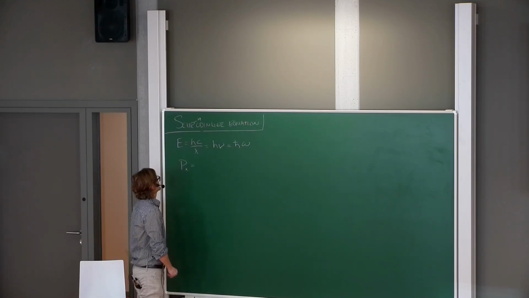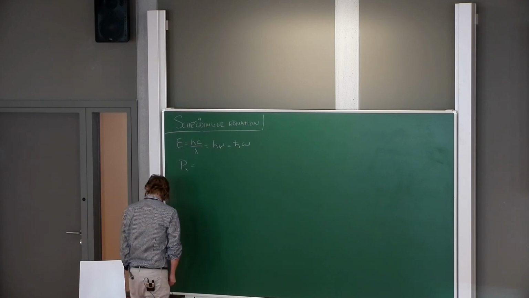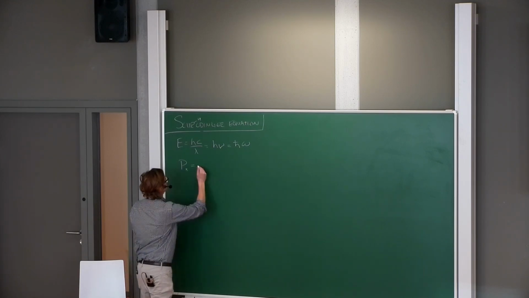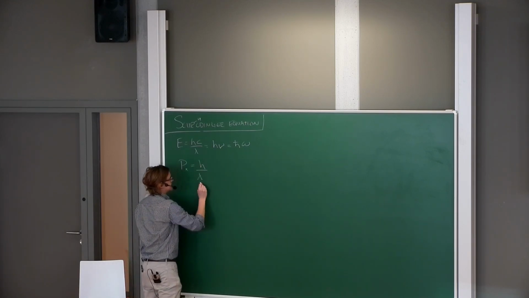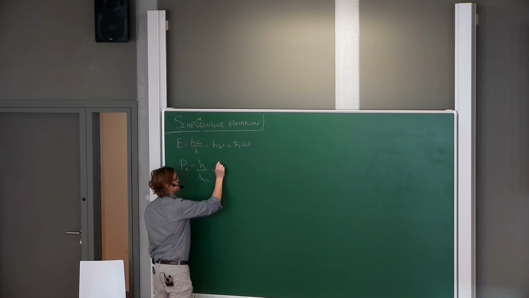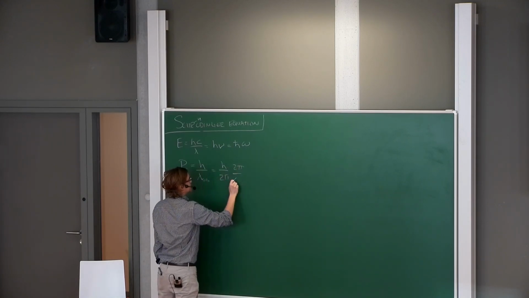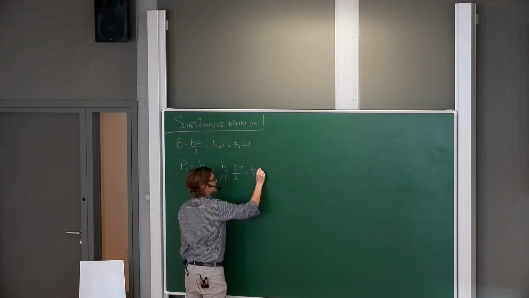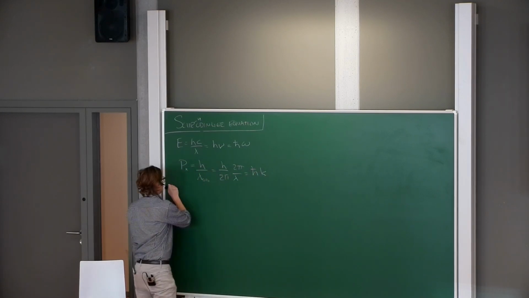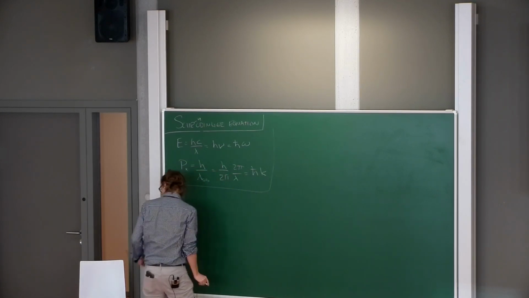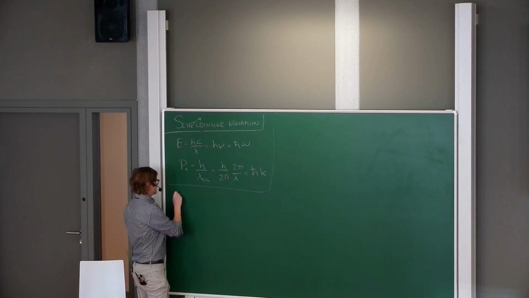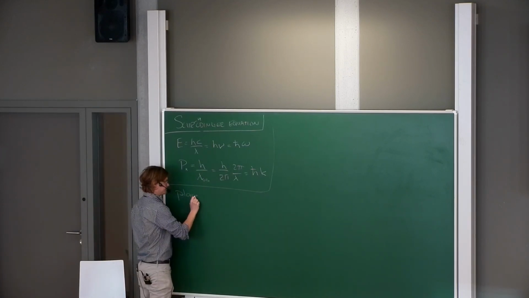So we're going to put it in the x direction, and then we knew that it was h divided by the de Broglie wavelength, right? Which we can then, of course, write as h 2 pi divided by lambda, h bar k, where k is the wave number.